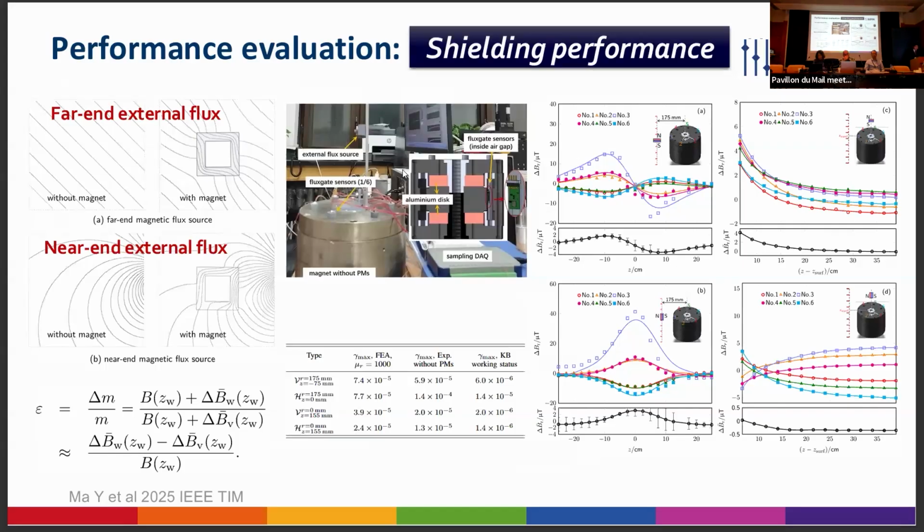And then, sometimes for the magnet moving mechanism, you need to evaluate the shielding performance of the magnetic circuit, right? So you cannot measure directly inside the magnet because it's a sub-Tesla thing. You try to measure within like an 8 orders of magnitude reduction. It is impossible with magnetic sensors. So what we did is we removed the PMs in the magnetic circuit.